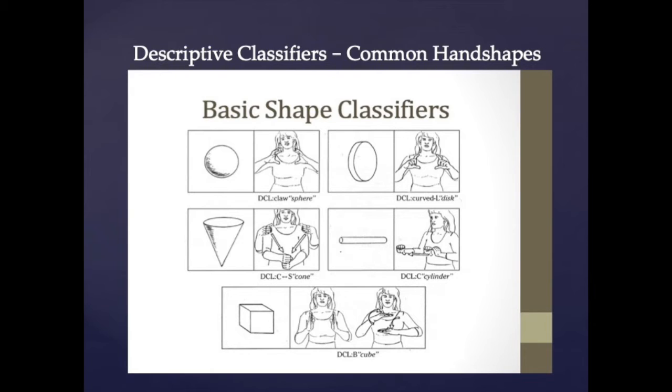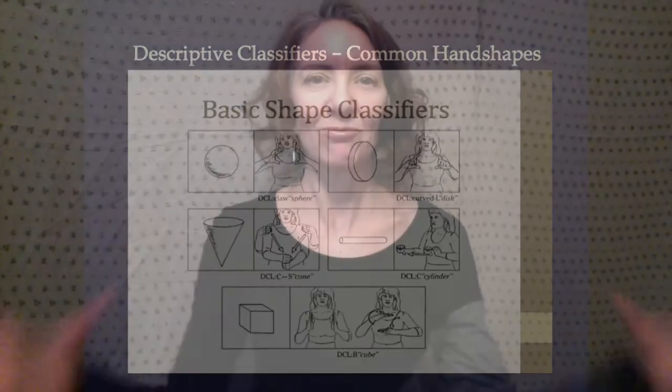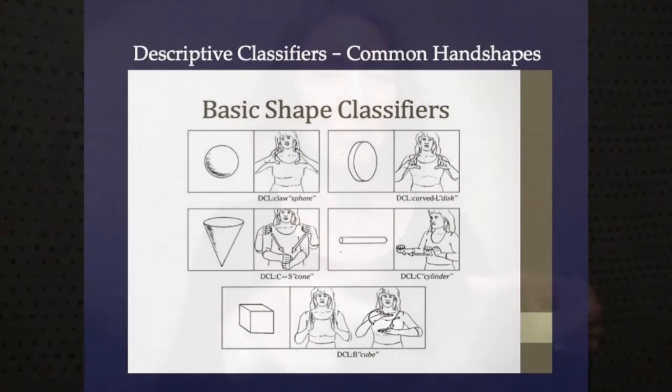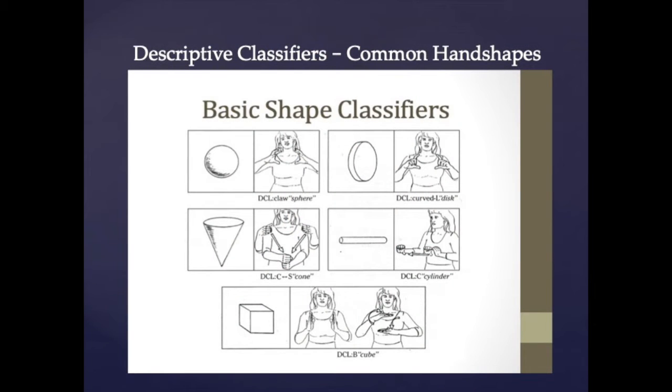Spherical objects are always signed using a claw 5 hand shape. Disc-shaped things are described using a bent L hand shape. Cone-shaped items are signed with a C to S hand shape.